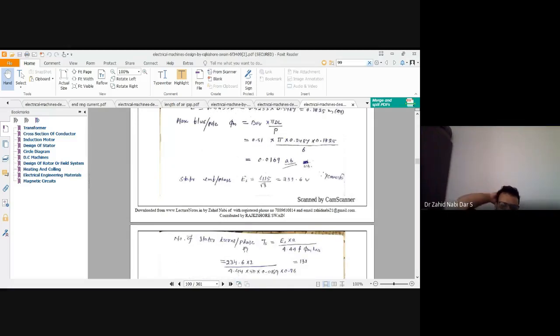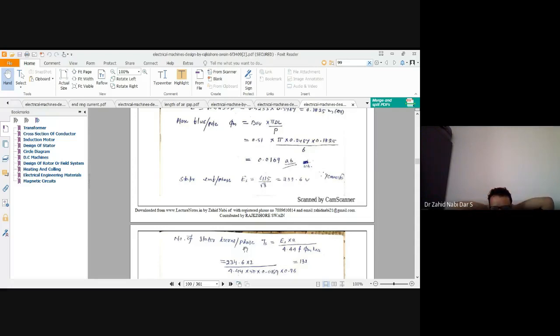Now the second thing is the number of stator turns per phase, which comes from this particular formula. Here is one important consideration. Usually in any problem, the number of stator turns per phase we write from E_s equals 4.44 f phi_m T_s k_w.